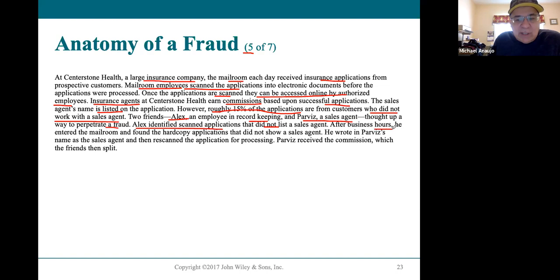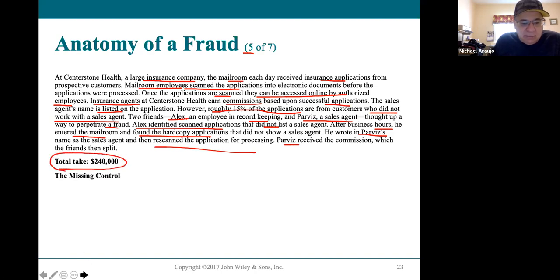After business hours, he entered the mailroom, found the hard copy, wrote in Parviz's name, and then rescanned the application for processing. Parviz received the commission and then split it. So they took almost $250,000 this way.